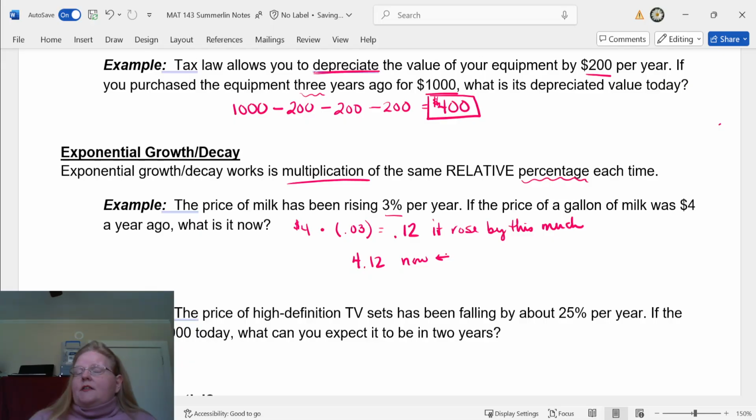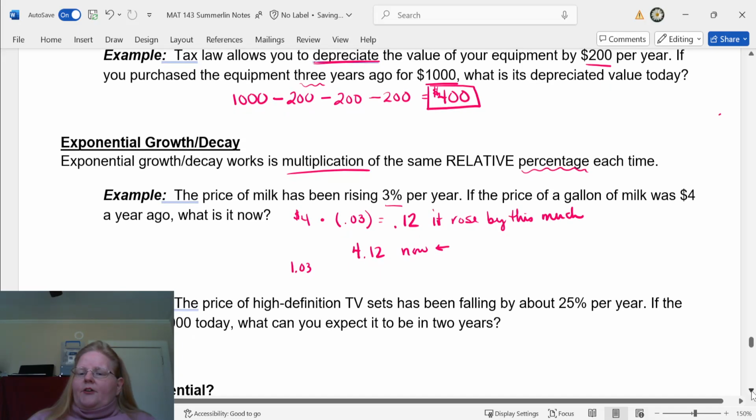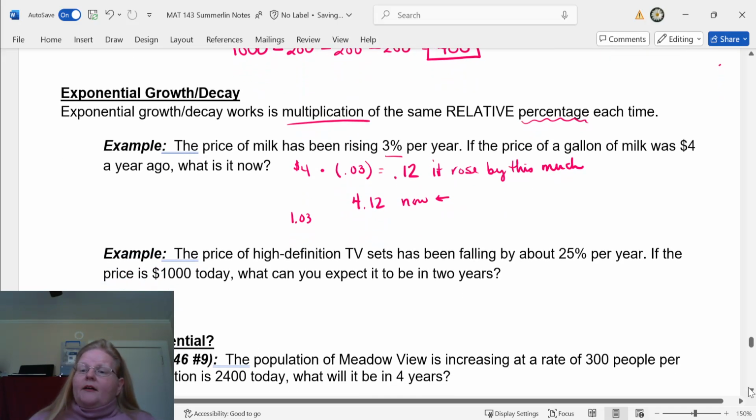Now you could fix this by, instead of multiplying the $4 by the 0.03, you do it by 1.03. Because you include the whole in it, and you don't have to do the whole addition part. We talked about that way back when. I think it was module 2, way back when we first started talking about percentages. We talked about how you could do that, but it's all coming back.